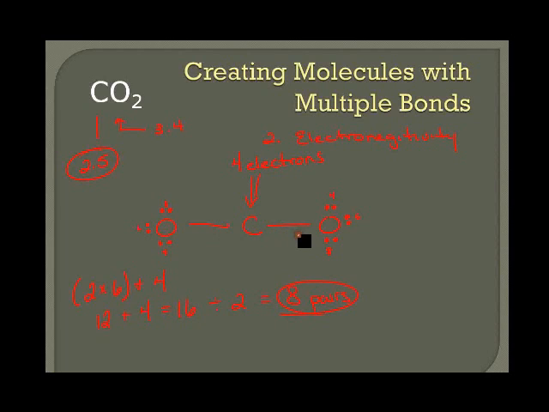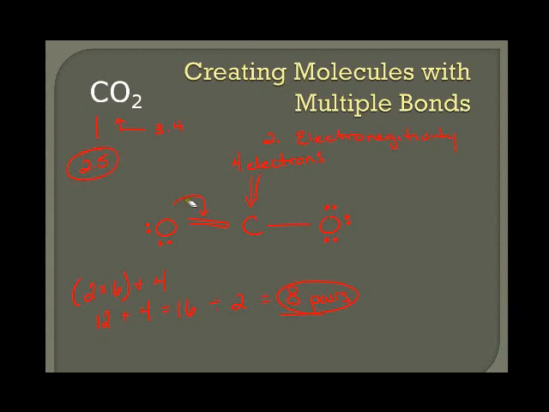So this is where step number 7 comes in. We need to take from our oxygen atom one of the unshared pairs, and it doesn't matter which unshared pair, and have it double bond to carbon.